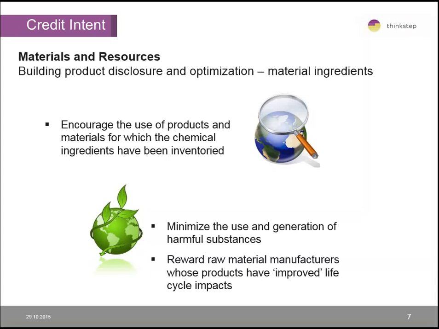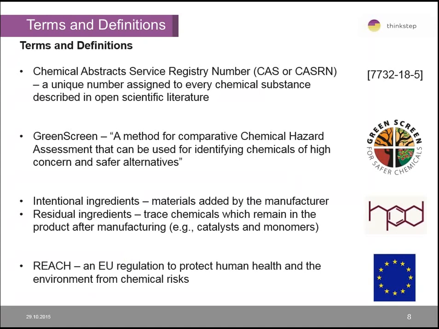So we'll start by taking stock of what's in our products, and then those raw material manufacturers who have reduced hazards or improved impacts can achieve additional points. Next slide, please. I want to set a couple of terms and definitions out for everyone in case you're not familiar with these. The first item is fairly common, especially in the manufacturing community.